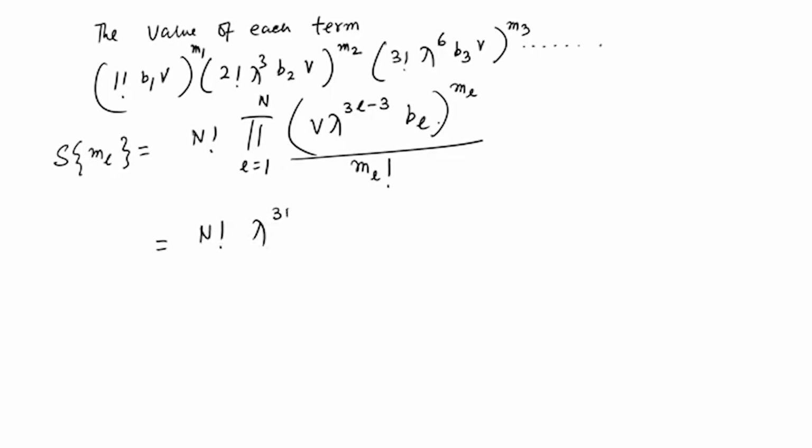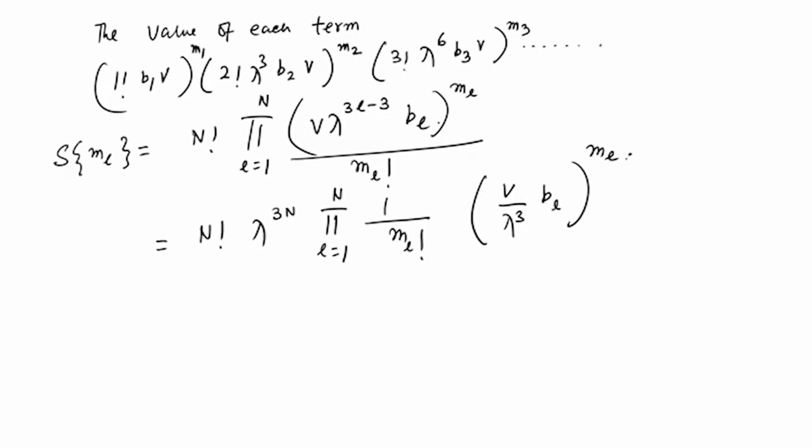We have a lambda to the power 3n, and the product over l equal to 1 to n of 1 by m_l factorial, and we have this V over lambda cube B_l whole to the power m_l. Okay. It is the same expression. You can check that we have simply taken out this lambda to the power 3n, giving you a lambda cube in the denominator here, and then all these B_l terms are there, and the counting of this m_l factorial is also taken into account.